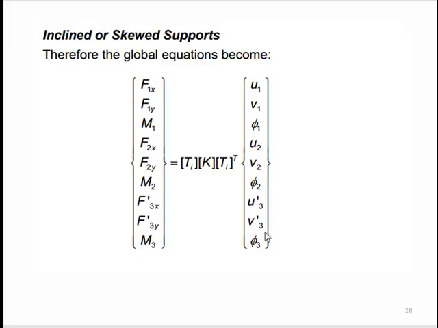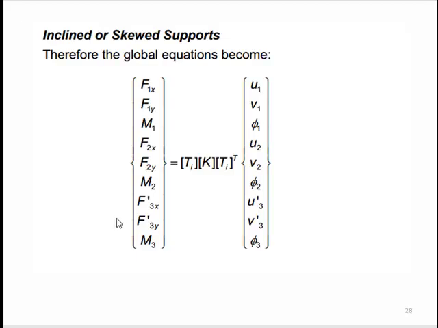And you see that in the force and displacement vectors, we have the prime only with the entries related to the third node, because these transformation matrices that we have considered have the composition in such a way that only the degrees of freedom at node number 3 are being transformed.